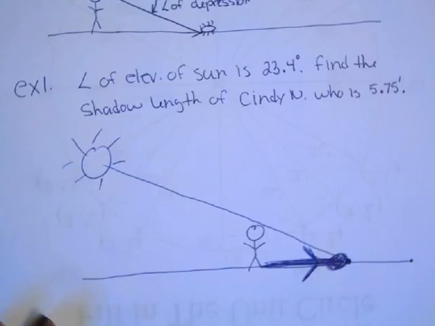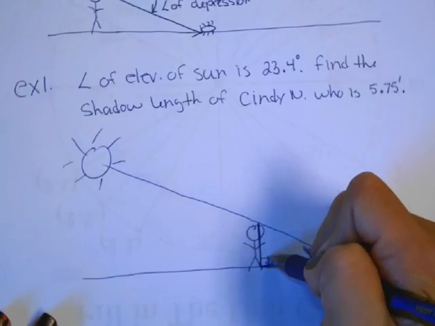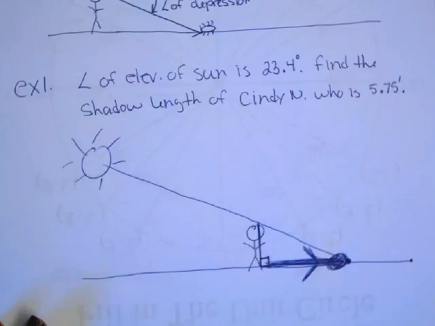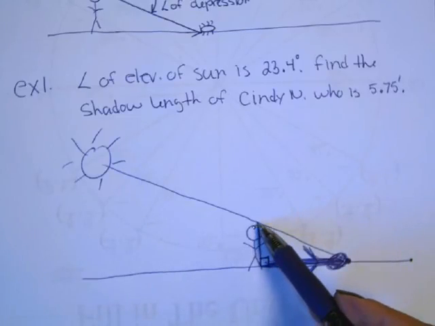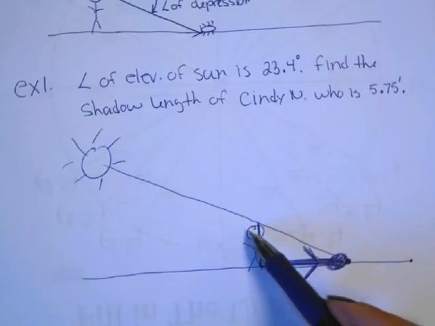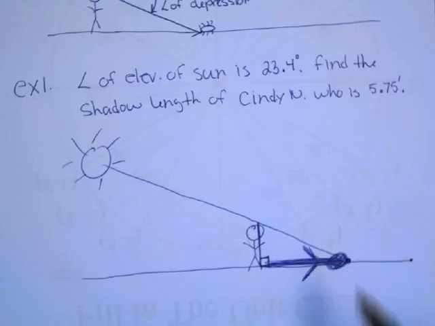So there's my right triangle. The sun rays behind her, she's blocking the sun. All of the rays behind her are blocked, and then this one gets past her, and that gives us the end of her shadow.